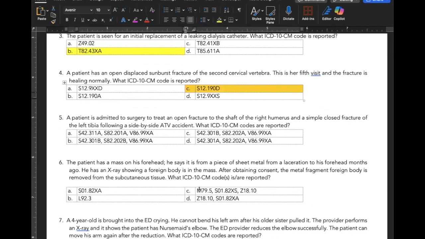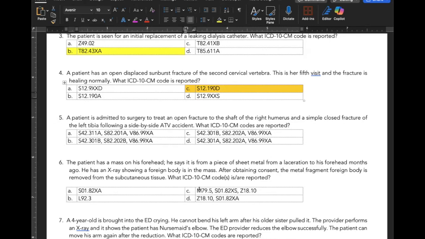Okay. Number 5, we have a patient is admitted to surgery to treat an open fracture to the shaft of the right humerus and then a simple closed fracture of the left tibia following a side-by-side ATV accident. So what's our main term? What's our condition for this one? Fracture.